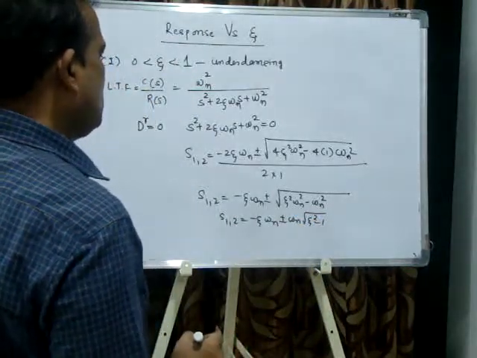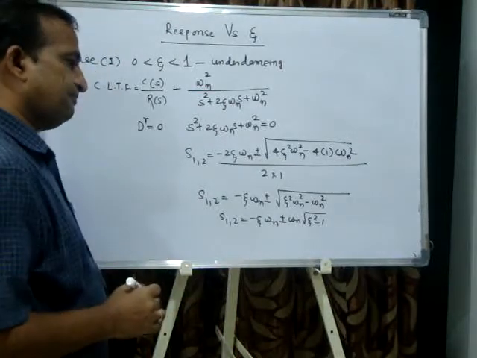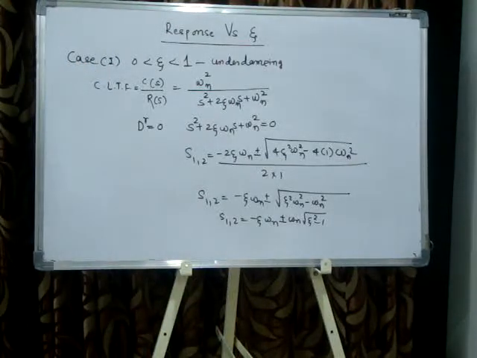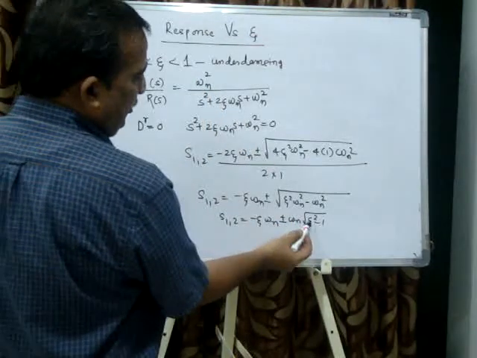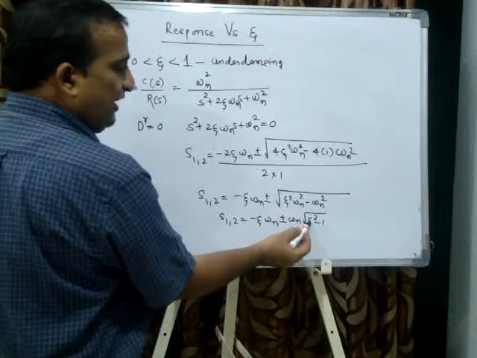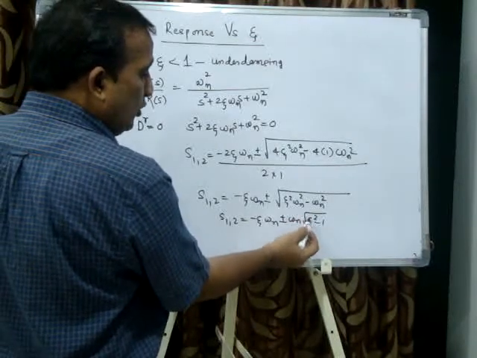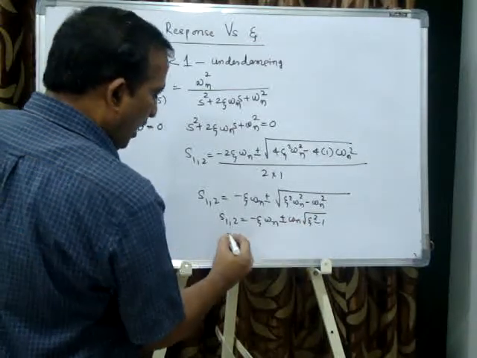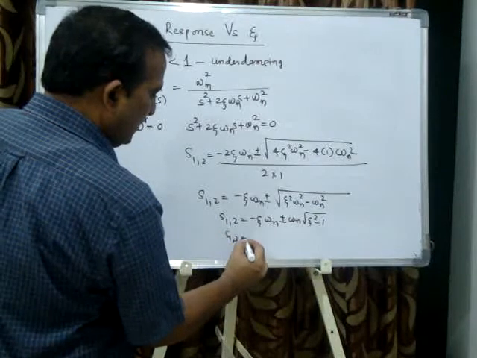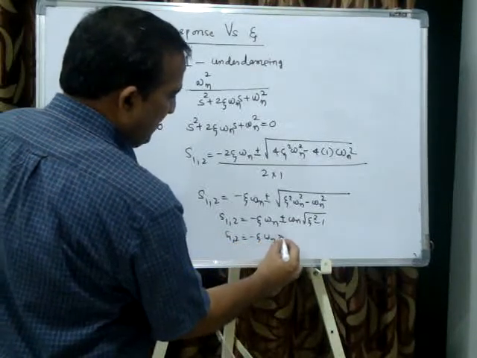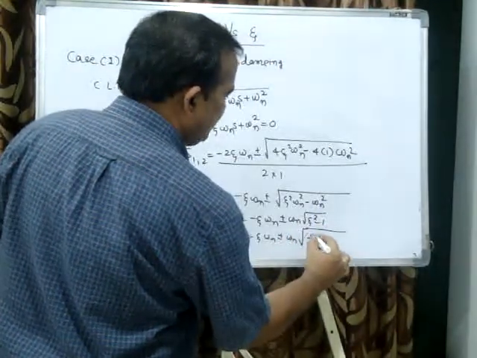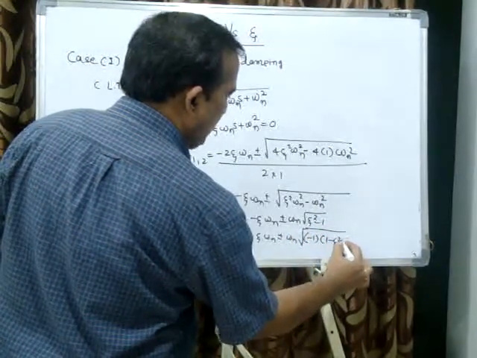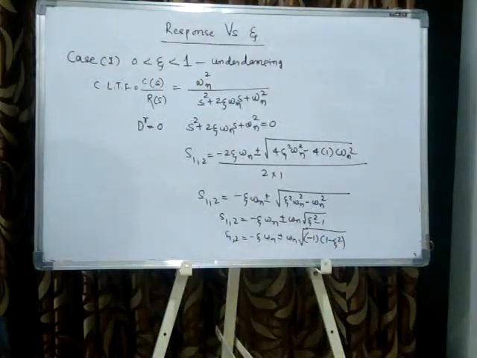Now you see here, zeta is less than 1, as I already wrote, so whatever value you put, 0.1, 0.2, 0.3, 0.99, under the root is negative. How to make it positive? Plus or minus omega n, I will take minus 1 common, then 1 minus zeta square. 1 minus zeta square is now positive.